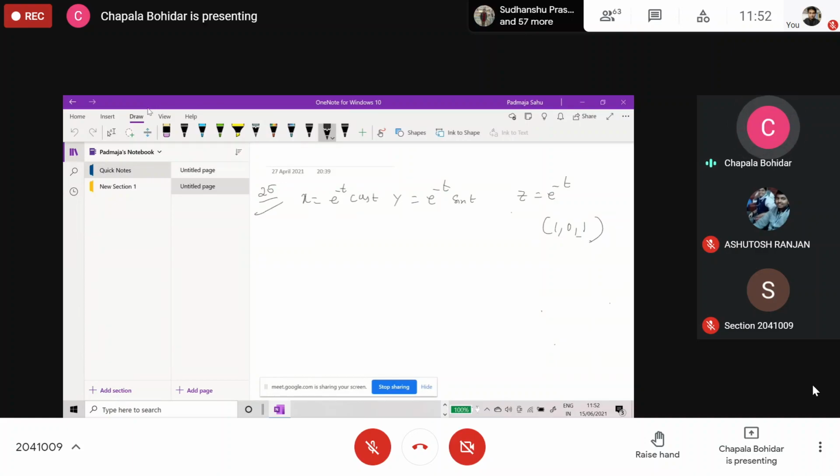The absolute value of T dash t is a scalar quantity, isn't it? So we can eliminate that because it is a scalar multiple of T dash t. So we can take only the component of T dash t as the component of the normal vector.